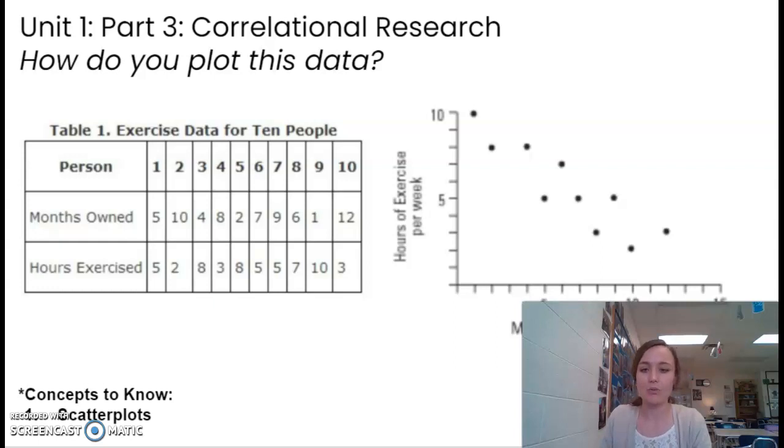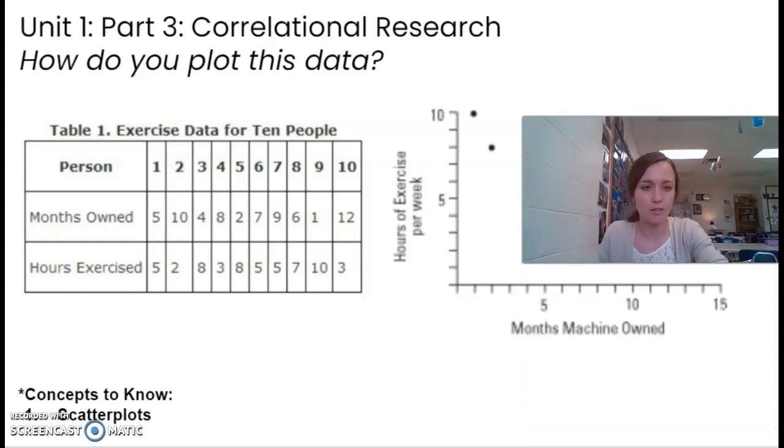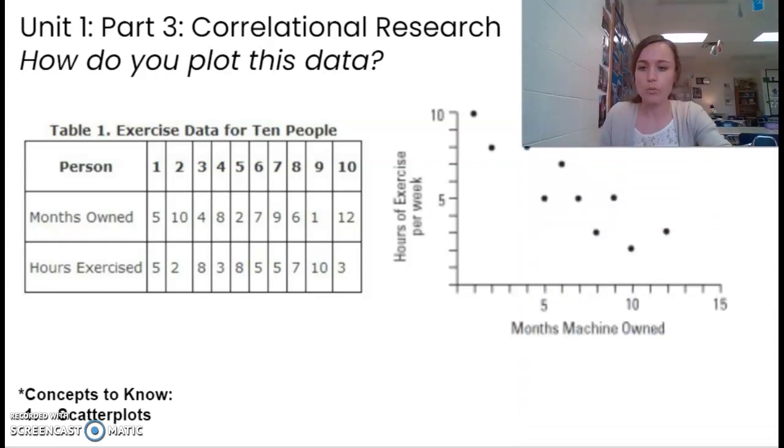And so what we'll notice is when we're placing one variable on the x-axis and one variable on the y-axis, and then we record those data points, this becomes what's called a scatter plot. And so if you display these data pairs on that scatter plot that you can see, you'll move along.